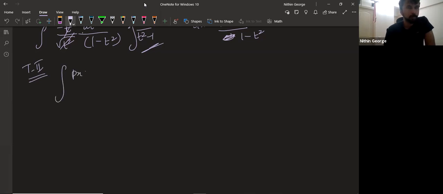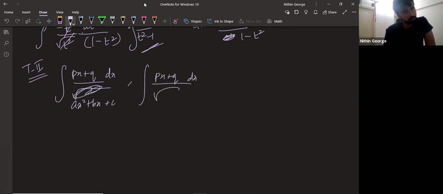Suppose you have (px plus q) dx divided by root of x square plus bx plus c. Or you have some (px plus q) dx by root of x square plus bx plus c, then (px plus q) into root of x square plus bx plus c.